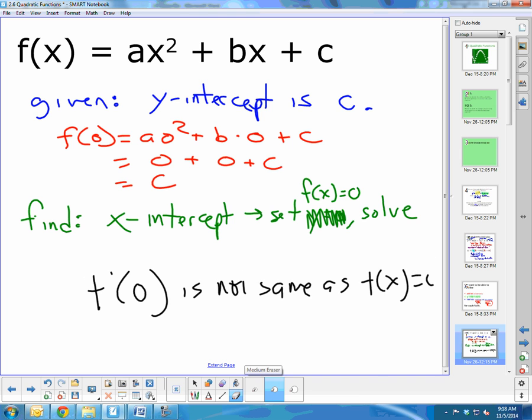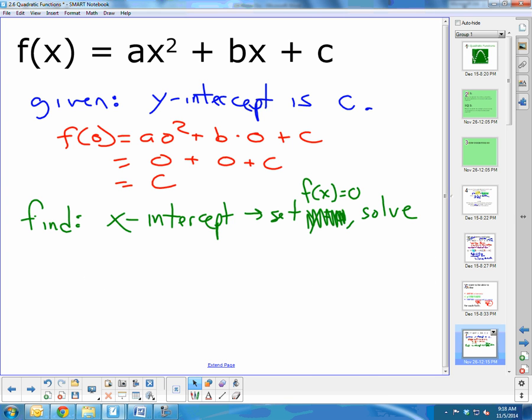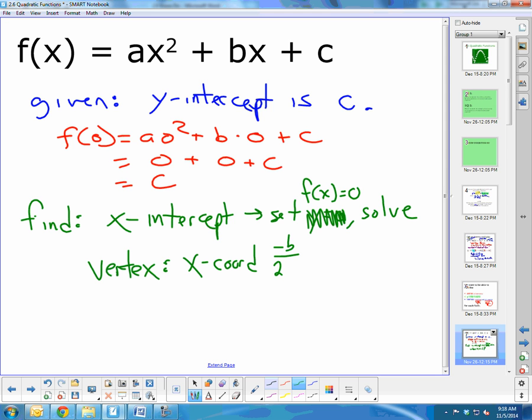They can be tricky. So as well as the x-intercepts, we would also have to be able to find the vertex ourselves. And recall from Algebra 2, the vertex has an x-coordinate of negative b over 2a. And then you would use the x-coordinate to find the y-coordinate of the vertex.